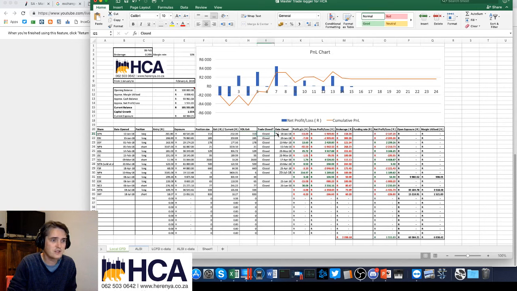Is the trade closed, yes or no? And the date on which it closed, then it will work out your profit in points or pips or in rands or whatever the case is per individual share. It'll show you your gross profit or loss. It's going to calculate your brokerage based on your percentage fee.